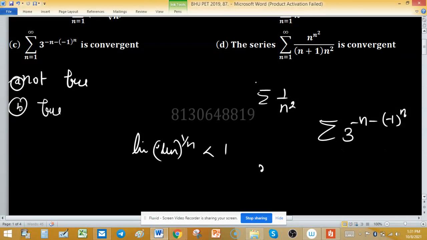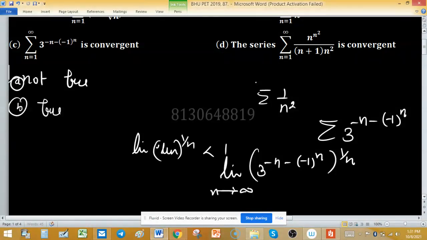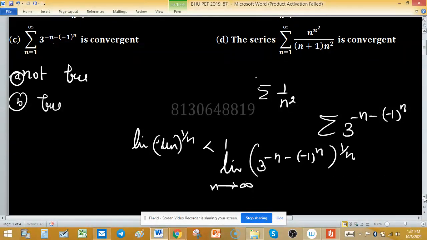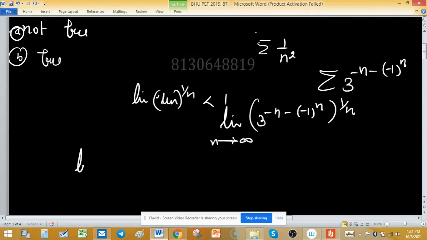So 3 raised to the power minus 1 minus of minus 1 raised to the power n, all raised to the power 1 upon n, and limit n tends to infinity. Now this is the limit as n tends to infinity of 3 raised to the power (minus 1 minus of minus 1 raised to the power n) upon n.